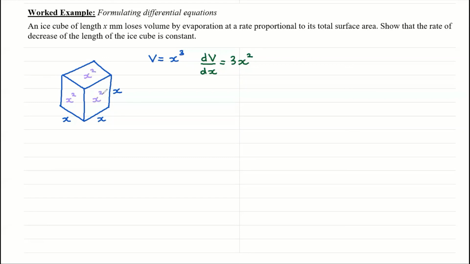So the total surface area, which we will call S, is going to equal 2 lots of 3x squared, which is, of course, 6x squared. Okay, so I'm going to write that in my summary as well, and I'm going to differentiate that straight away.